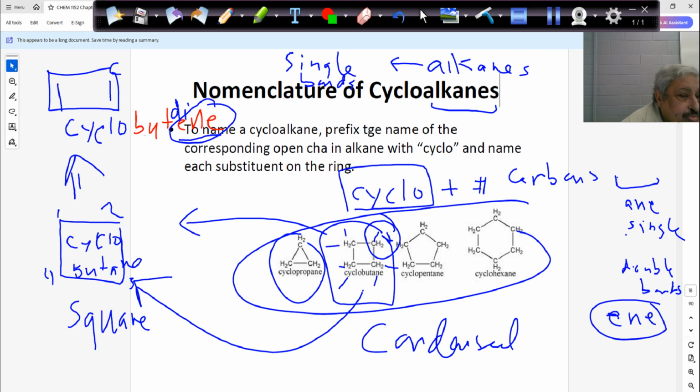Now, if I have a third double bond, then this compound will be different. It will be aromatic, like in the hexane here. If you take away hydrogens from the hexane, you will end up having benzene, so 3 double bonds here. Correct?